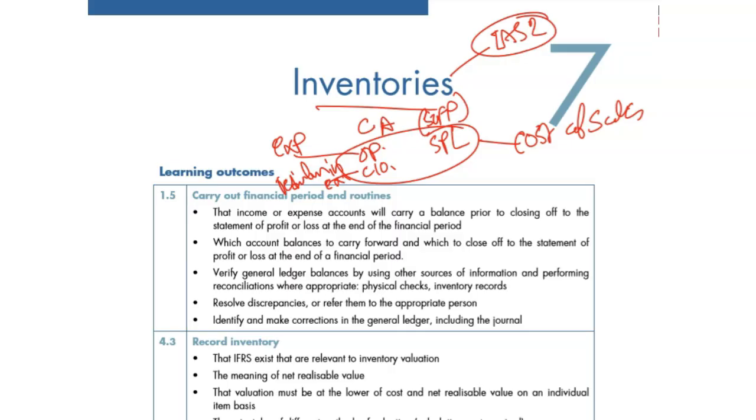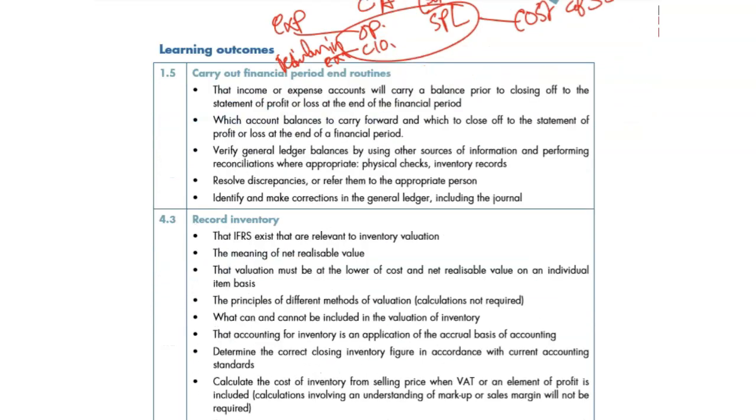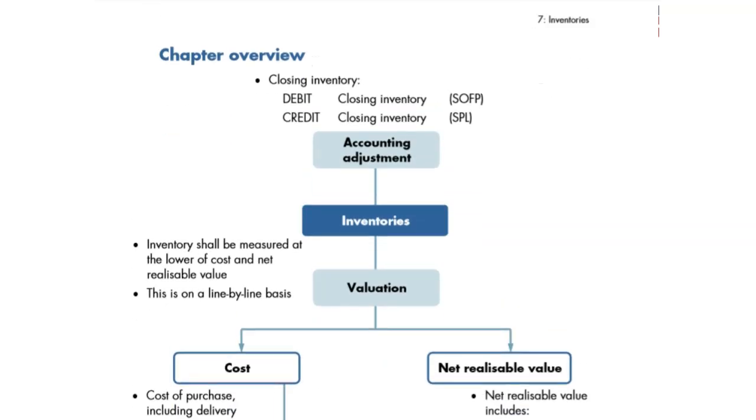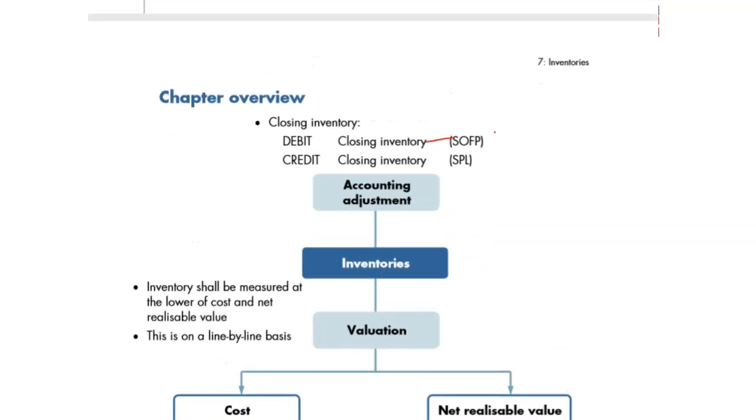Inventories, according to IAS 2, we record inventory. Inventory is one of the major parts for any business. Even big businesses pile up loads of inventories. So inventory management is an important task, and this is an adjustment. Closing inventory, because it's a current asset, is a debit in the statement of financial position, and in the SPL we deduct closing inventory from cost of sales.